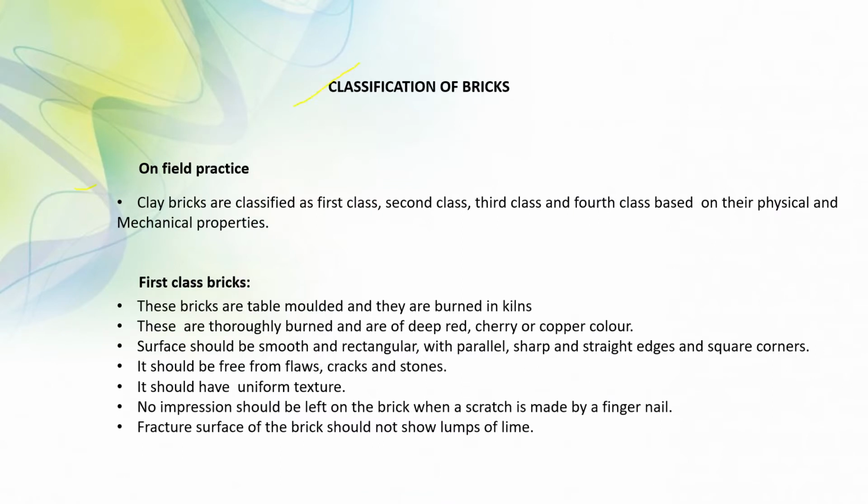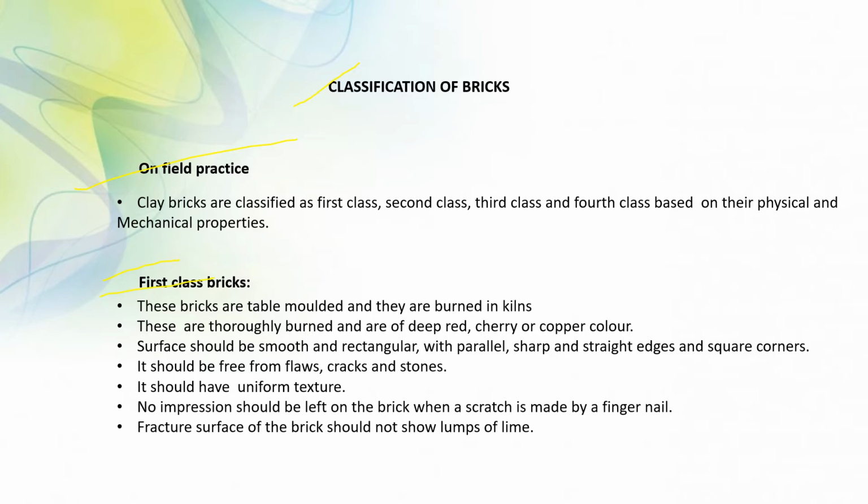Next, classification of bricks on field practice. Clay bricks are classified as first class, second class, third class and fourth class based on their physical and mechanical properties. Some of the following points are given below.